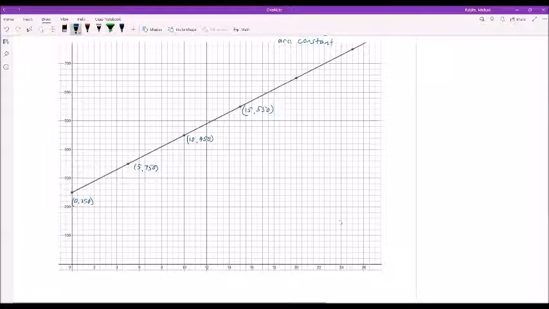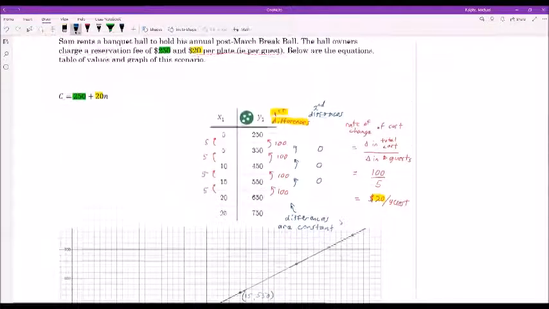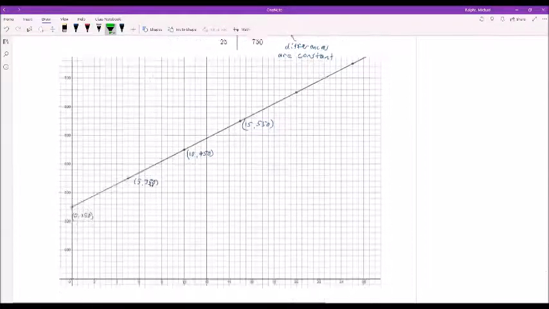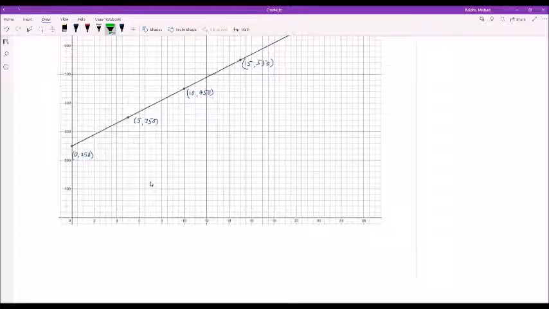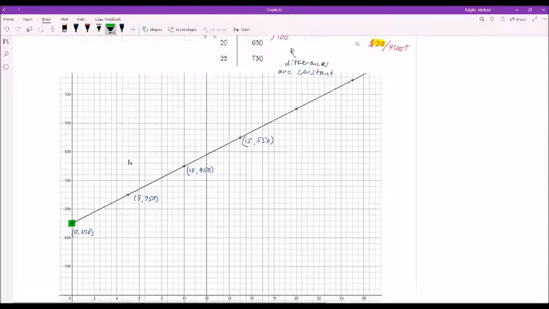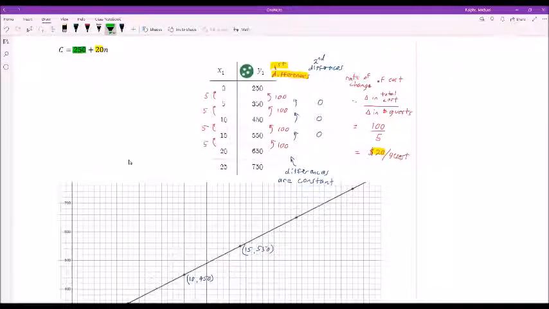We notice, of course, that the constant, 250, which is the reservation fee, corresponds to this first point, which is plotted because of the values of the independent and the dependent variable being 0 and 250.